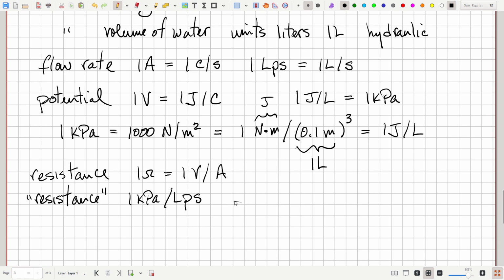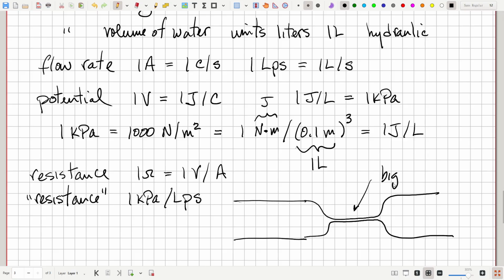And let's see, what would this mean? Well, we could imagine you've got a great big pipe which would have very little resistance to the flow of current, and then we make that become much more narrow. We would expect to get a big resistance there. Meaning what? To get a certain flow rate, a certain number of liters per second, we would need a big drop in pressure, just like we need a voltage drop across a resistor to get current to flow.